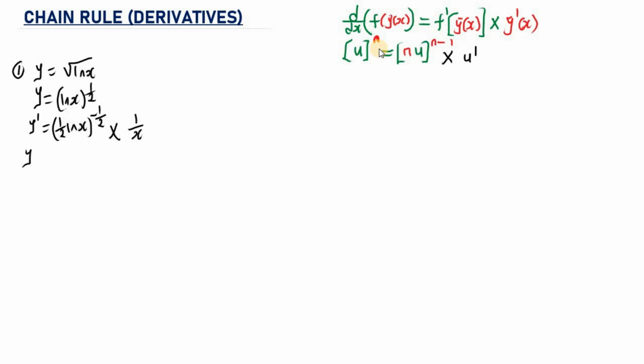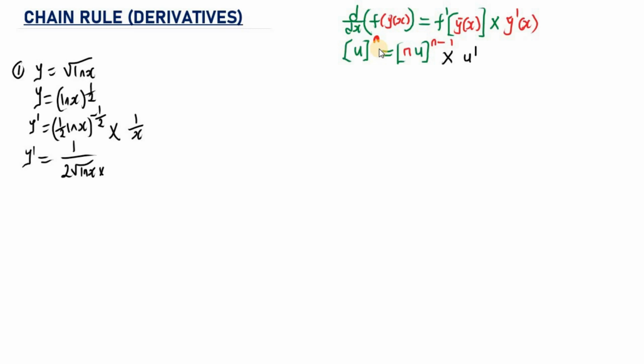So the final answer is going to be y prime is equal to 1 over 2 multiply ln of s raised to the power of negative 1 over 2. We can write this as 1 over 2 multiply the square root of ln of s, because we are going to take the reciprocal of this.